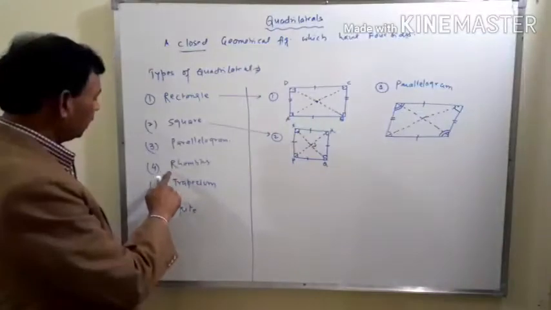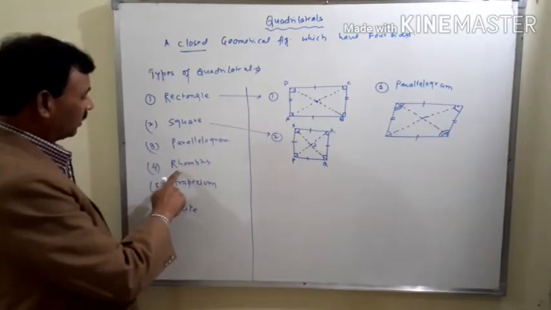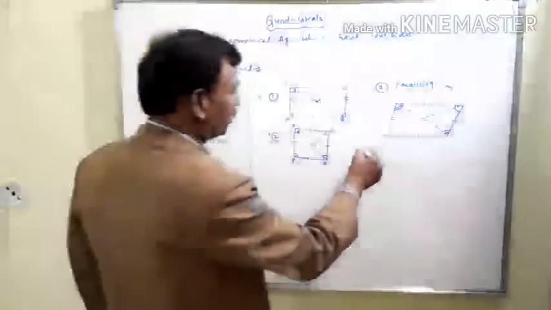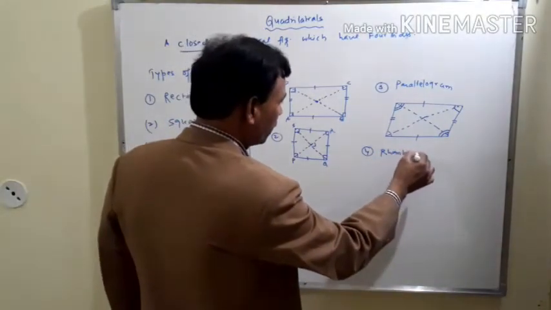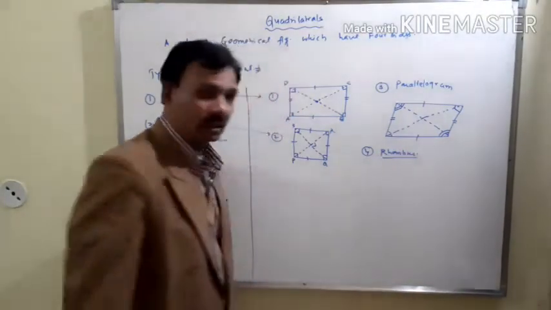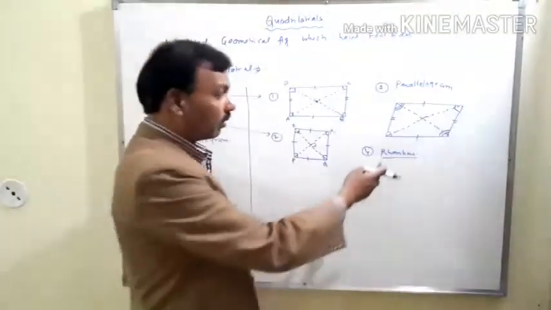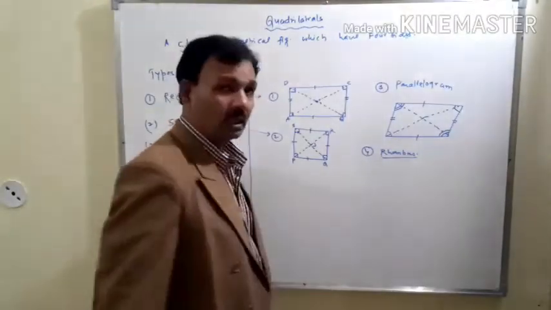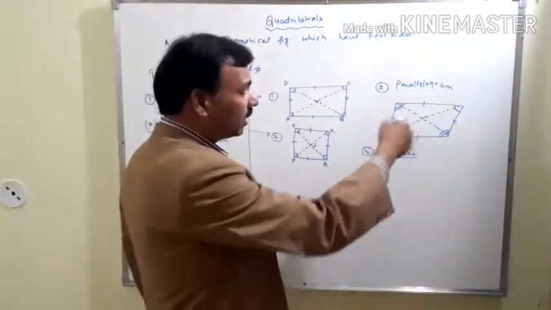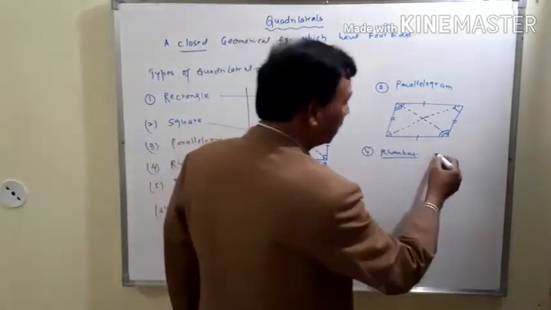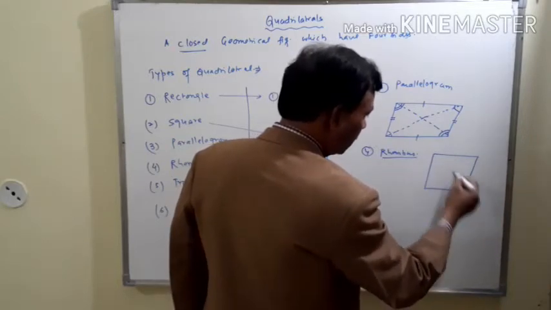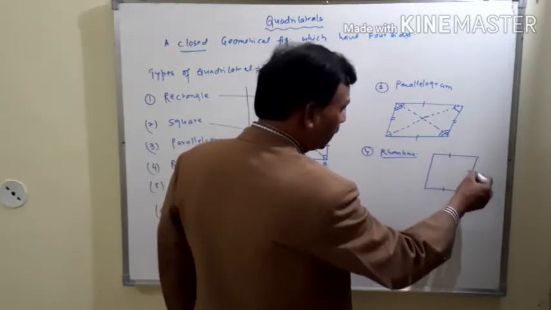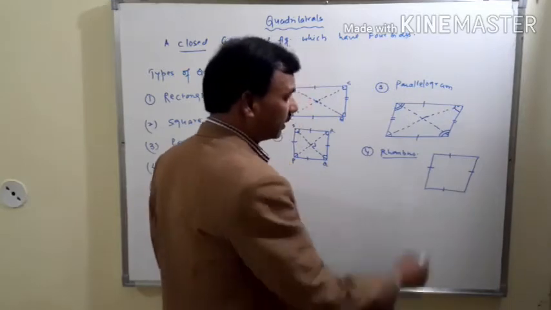Now we will take the next quadrilateral, rhombus. Fourth is rhombus. A rhombus is a parallelogram whose all sides are equal. That means this type of shape is a parallelogram, but all sides are the same length.